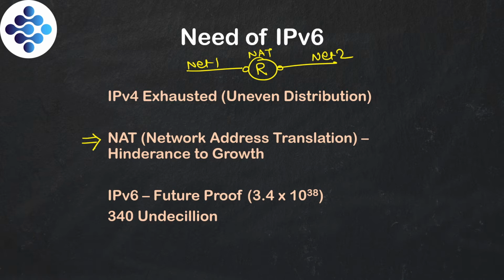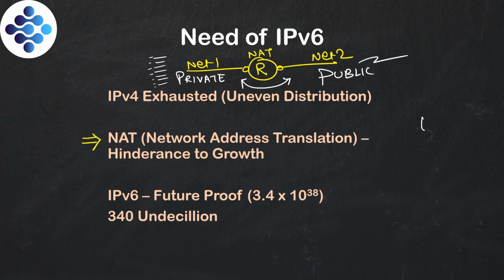Now we can use it something like this, that over here this is our public network. Public network means this is our internet, and that's our private network. So we can actually map these two networks so that all the PCs which are over here can enjoy the internet, and you don't have to buy a public IP address for each one of them.